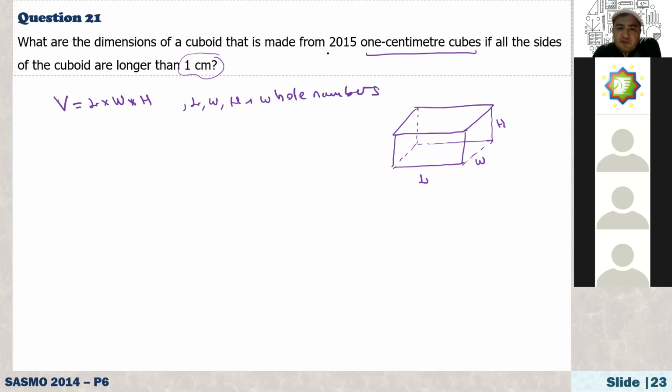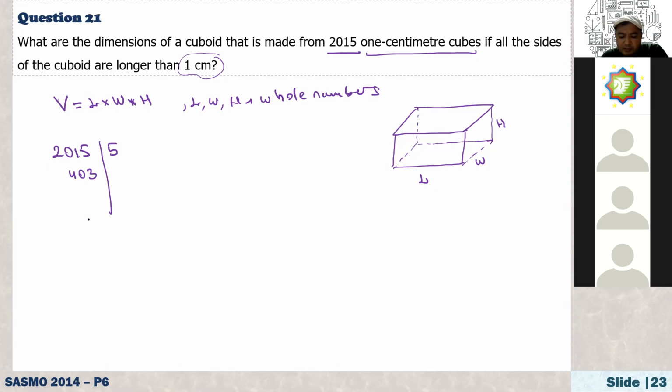For example, 2015, let's just find its prime factorization. 2015 is divisible by 5. I can divide it by 5, it is 403. And how about 403? Is it divisible by 3? No. Is it divisible by 19? No, it's not divisible by 19.